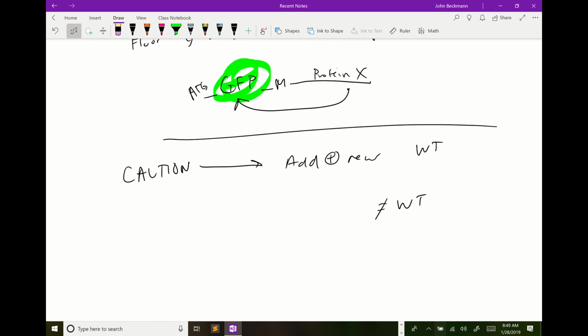You need to do an experiment with GFP plus protein X, and you need to do the same experiment with protein X without GFP to make sure that the behavior is the same. Because when you start sticking things in front of your protein, you can mess up the function.